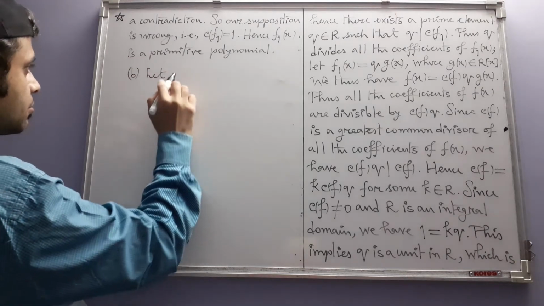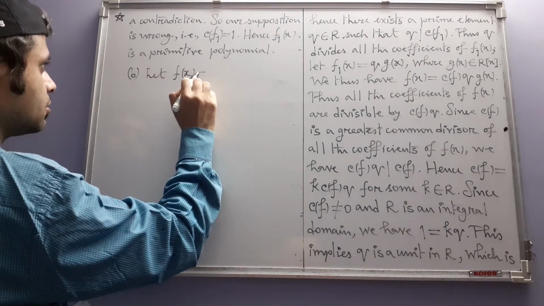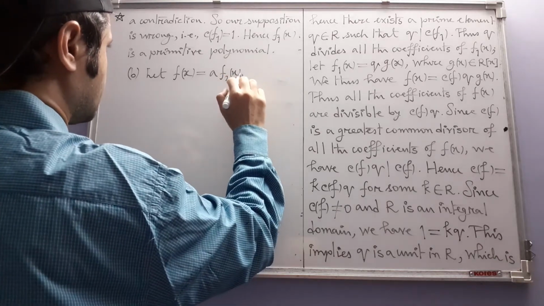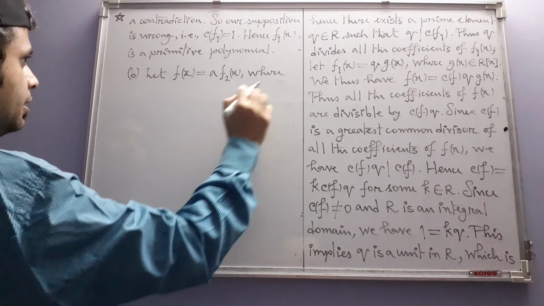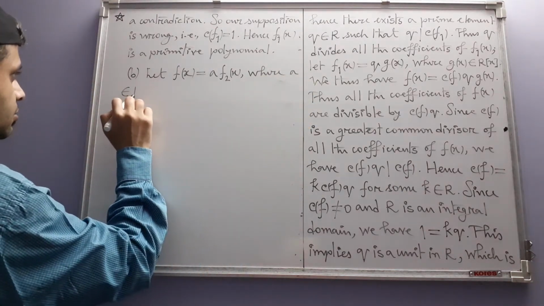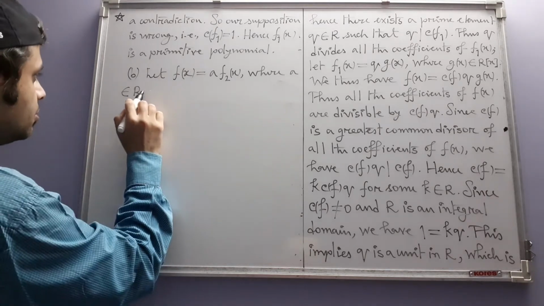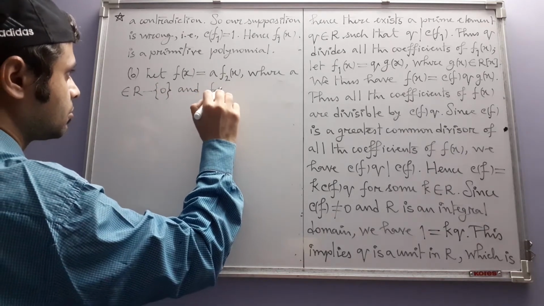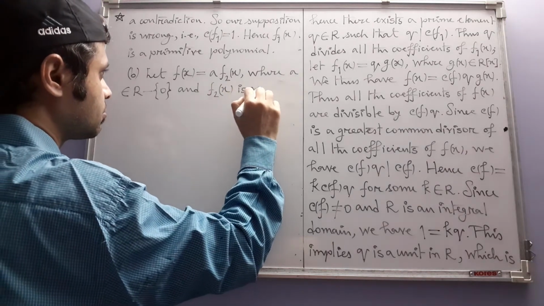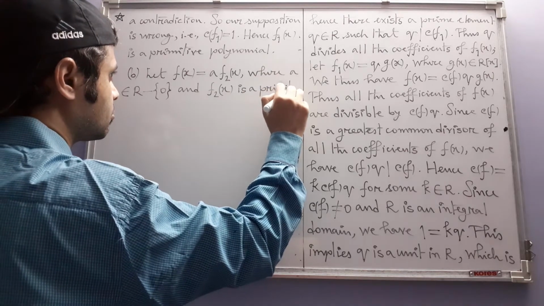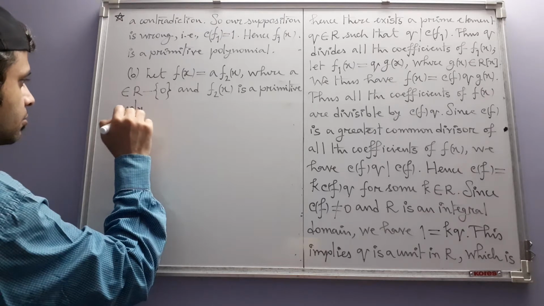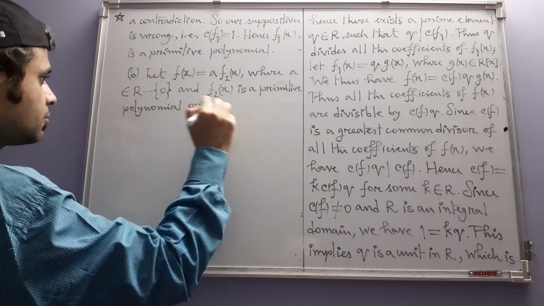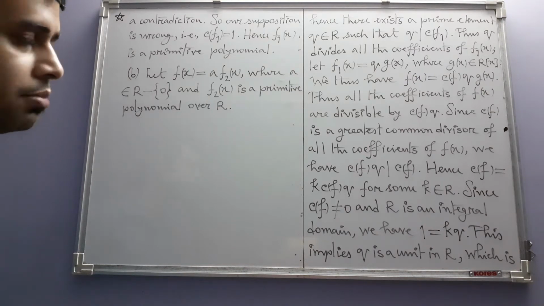So let f(x) equal to a times f2(x), where a is some non-zero element in R. A has to be non-zero because f(x) itself is non-zero, and f2(x) is a primitive polynomial over R. That means an element in R[x] which is a primitive polynomial.